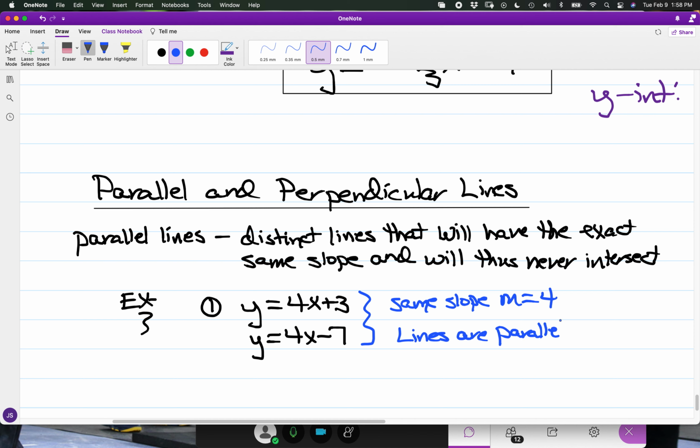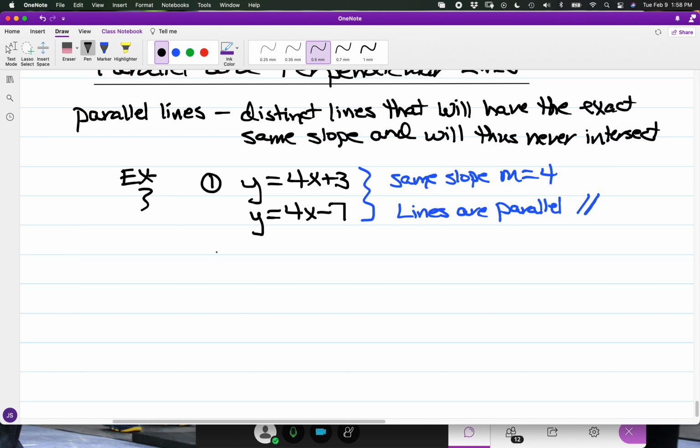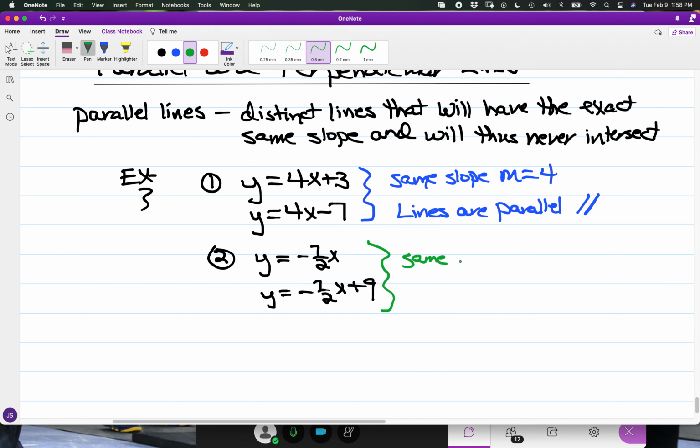And you can use this symbol as shorthand for parallel, like a sideways 11. Also, in another case, we can say we have y is equal to negative 7 halves of x, and y equals negative 7 halves of x plus 9, and we have the same slope at negative 7 halves.